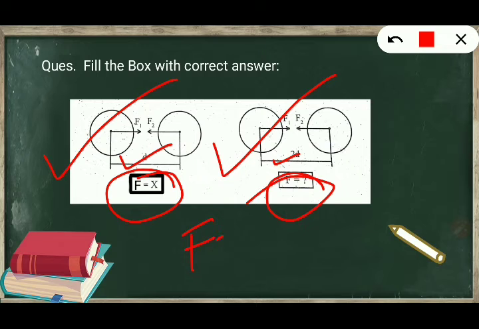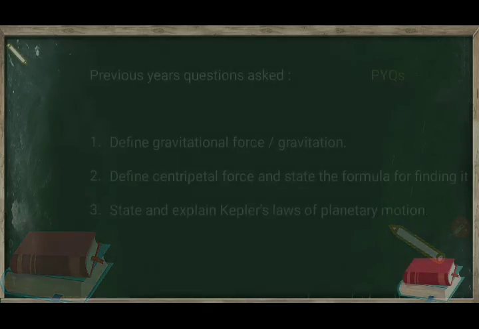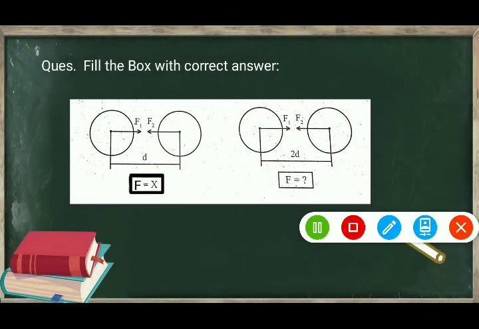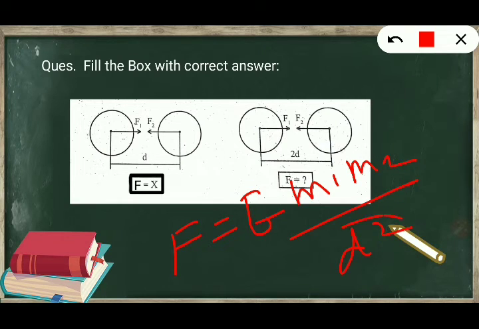See our formula during the universal law of gravitation: F is equal to G m1 m2 divided by d square. In this formula, instead of d there will be 2d square, which means 4d square.